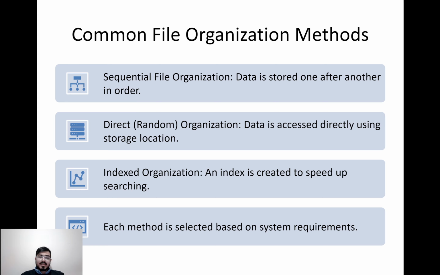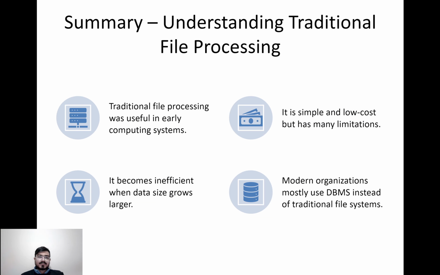And third one, indexed organization. This means an index is created to speed up searching. It works like a guide to quickly reach the required data. These methods are used depending on system requirement and file size.